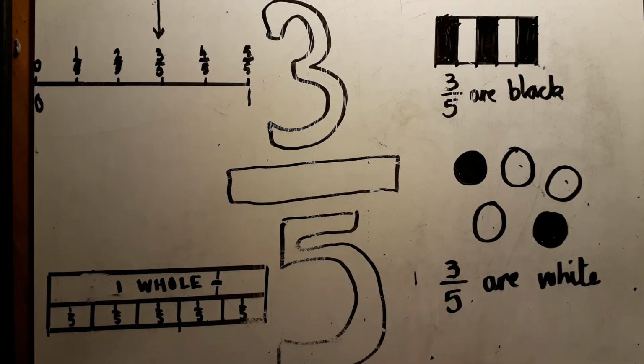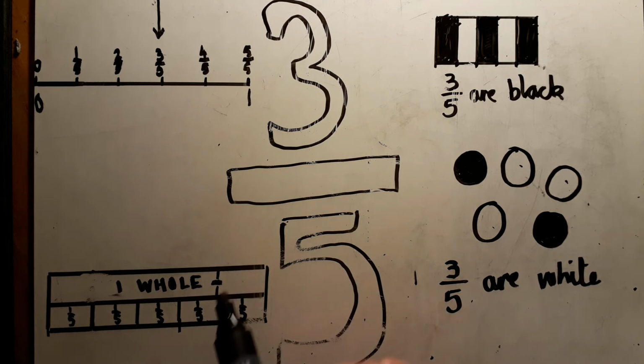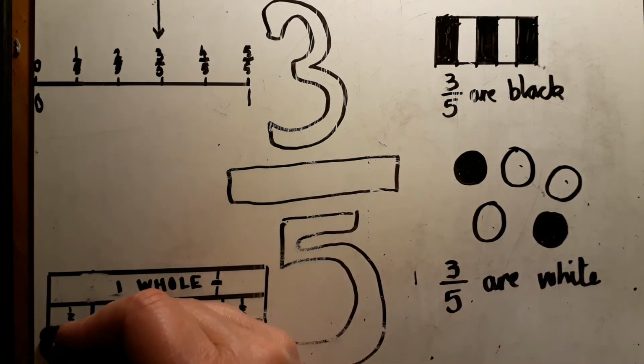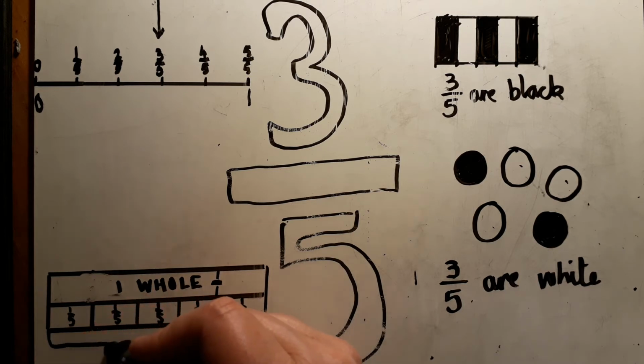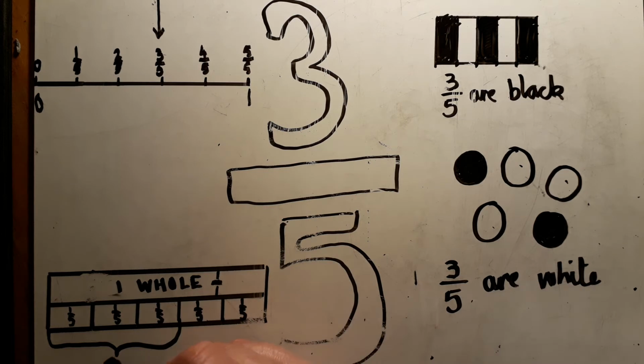Remember, the denominator tells you how many parts in the whole, and the numerator tells you how many parts you have. And then we're looking at 3/5. So the next bar has to be divided into 5 equal parts, and the numerator tells you you have 3 of them. So we would be looking at that value for 3/5.